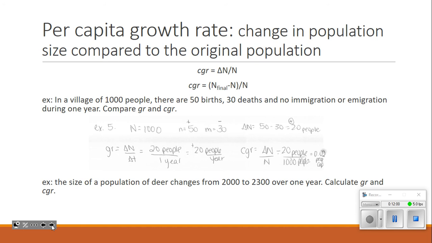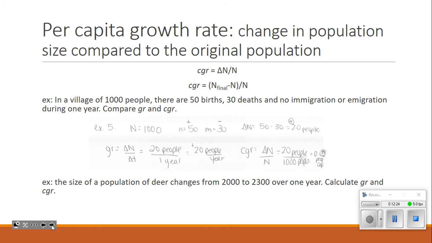So in my example, we are going to talk about a village of 1,000 people. That is the initial population size. There were 1,000 people. Then there are 50 births, 30 deaths, and no immigration or emigration. This is a very fictitious place where no one leaves and no one new comes. It sounds a little bit haunted.